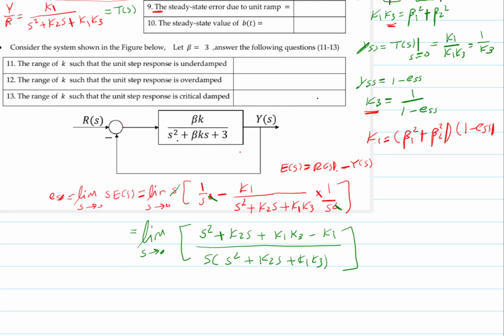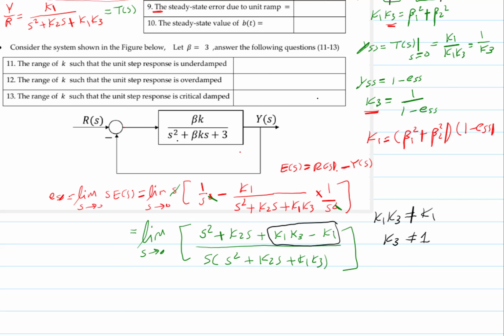So in order to have a finite value for the error, this term must equal 0, but we know that k1 k3 does not equal k1, which means that k3 does not equal 1. Why?